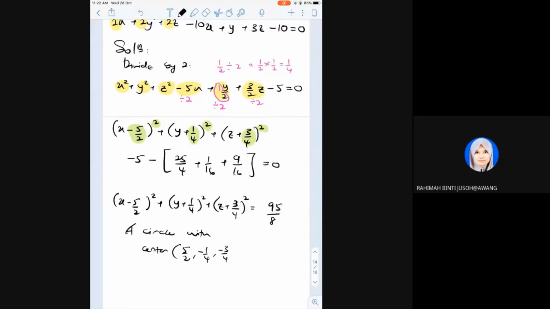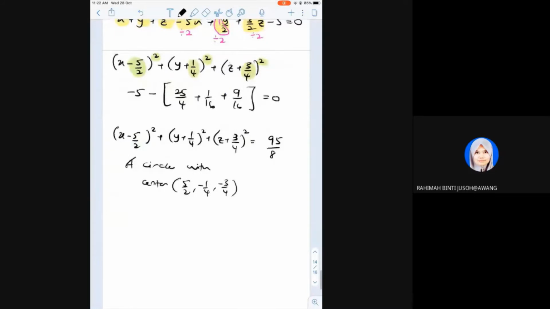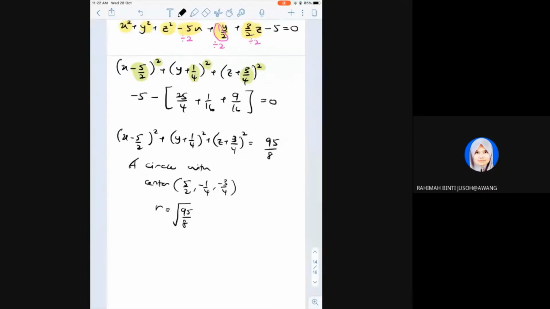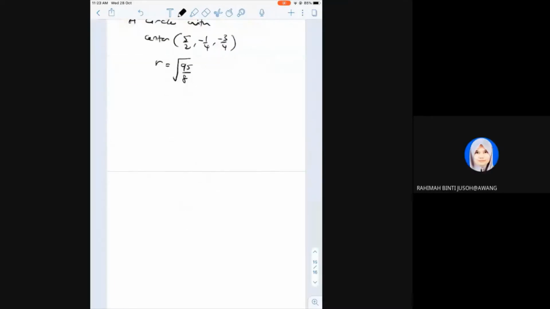How about the radius? Square root of 95/8. Okay, understand guys? Understood. Okay. Saya dengar seorang ada jawab yang faham ni. Hopefully yang tak jawab ni faham lah juga. Okay. Tengah menyalin ni.